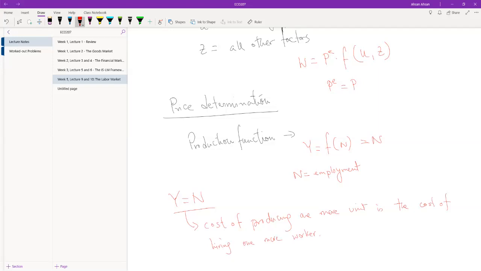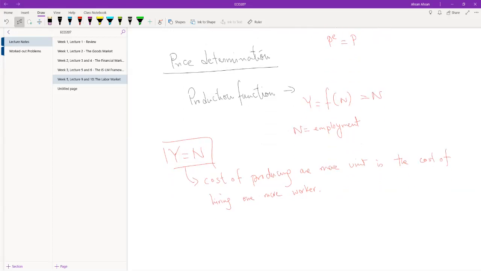And obviously you guys know that is not the case, because different workers have different levels of expertise and technical abilities. There are different ways in which workers are organized in different productions, and different technology needs different combinations of workers. So it's obviously not that straight, but we're just simplifying and saying that y is equal to n. So if we increase n by 1, y increases by 1. If we increase n by 7, y increases by 7. So it's just a simplification.